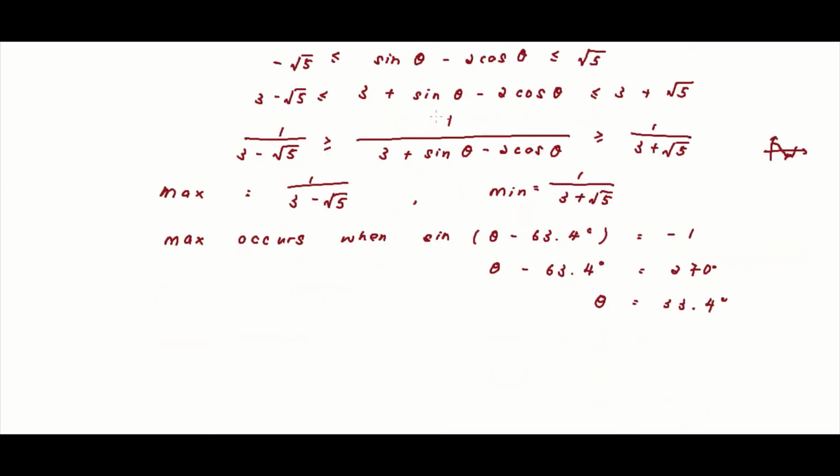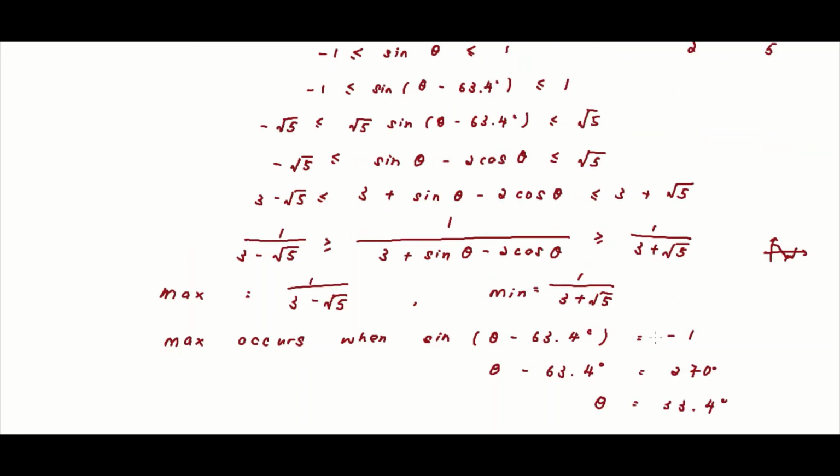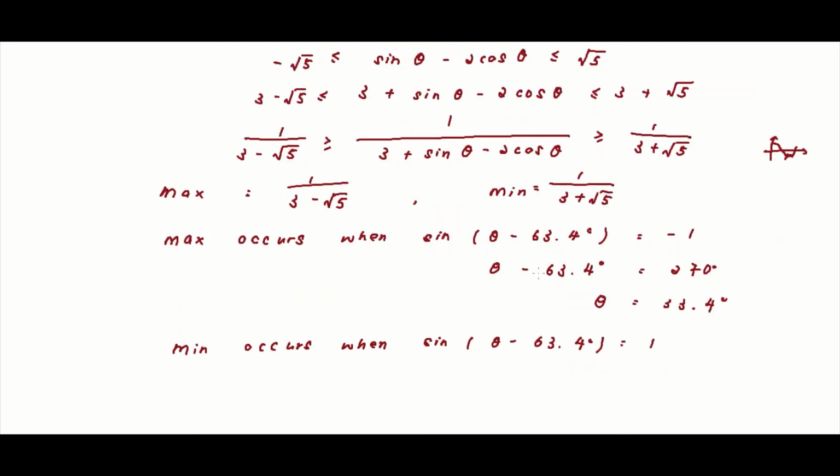So same thing, you can find it for the minimum. So the minimum occurs when your sine of theta minus 63.4 will be equal to 1, correct? Because you need 1, then only you can continue so that you get the minimum just now.